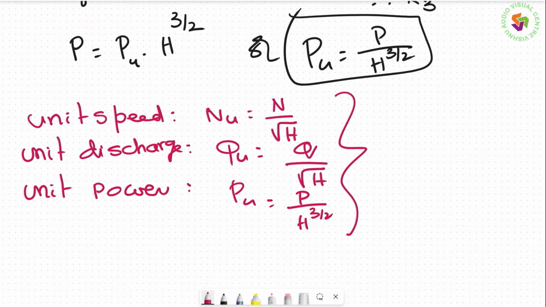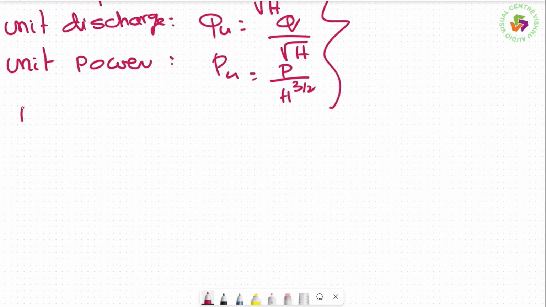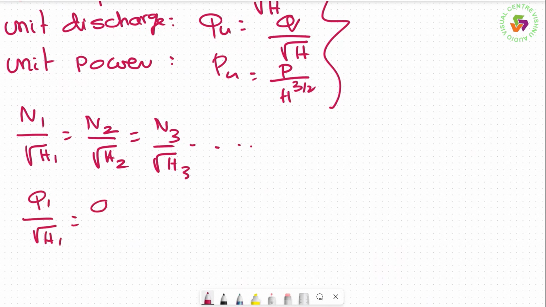And what is the relation also to compare the performances I told? N1 by root H1 is equal to N2 by root H2 is equal to N3 by root H3 and so on. Or Q1 by root H1 is equal to Q2 by root H2 is equal to Q3 by root H3 and so on.